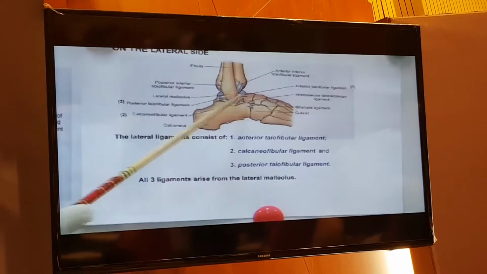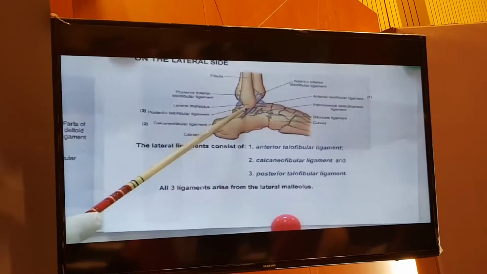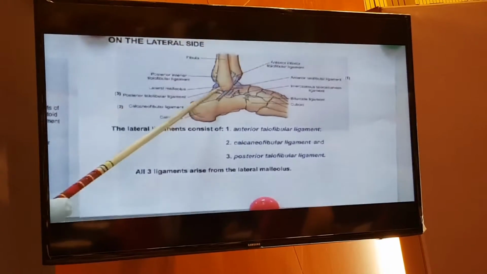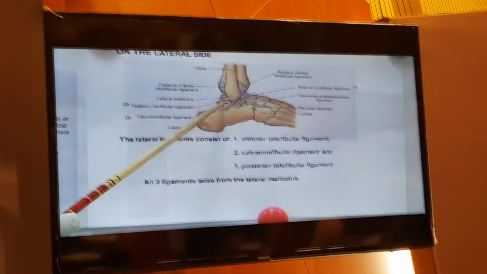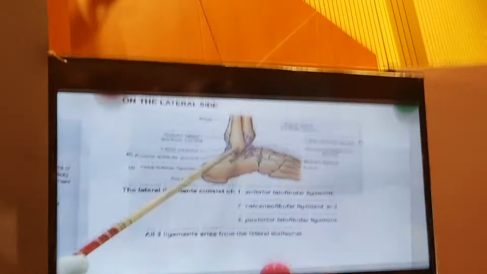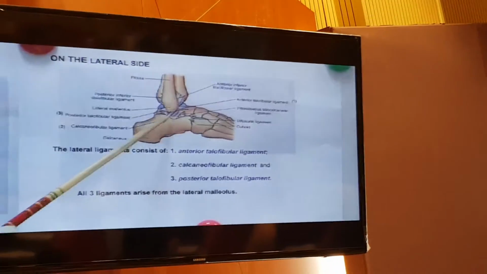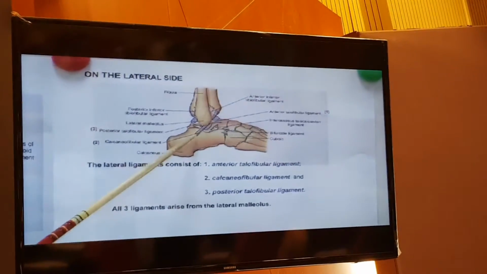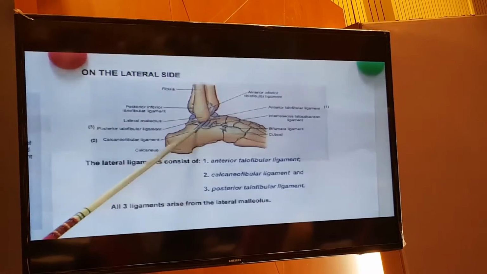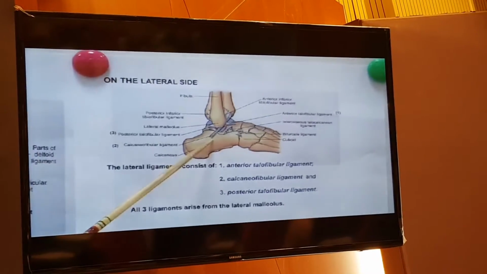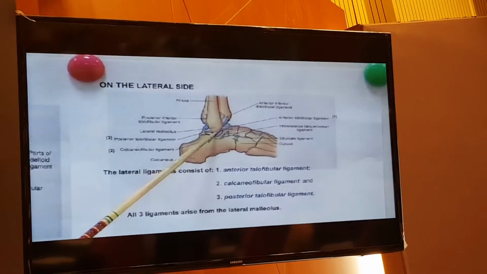Another one is the posterior talofibular ligament, which is attached to the posterior part of the talus and to the fibula. The third ligament is the calcaneofibular ligament, which is attached to the lateral surface of the calcaneus bone and to the lateral malleolus.